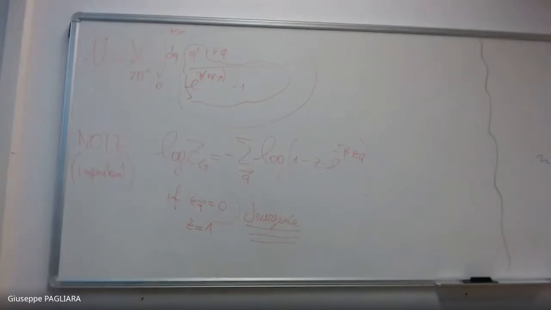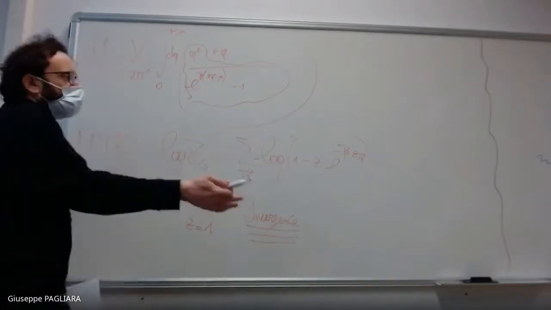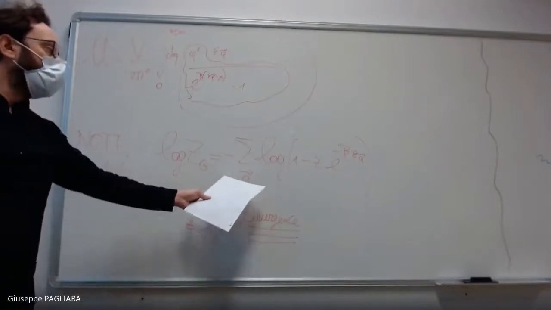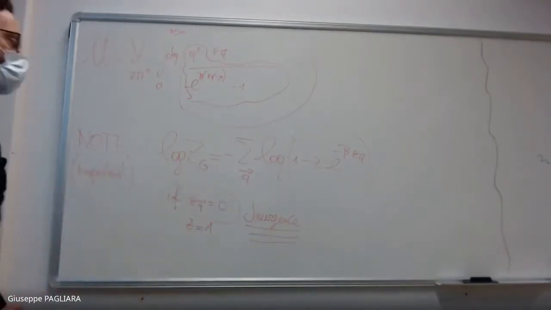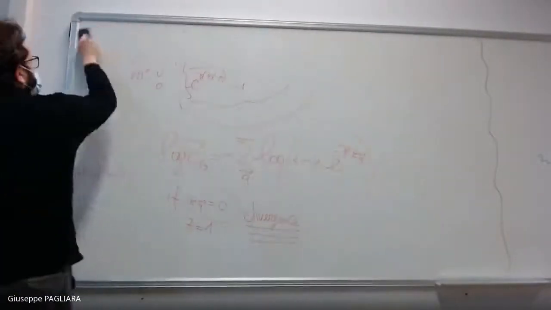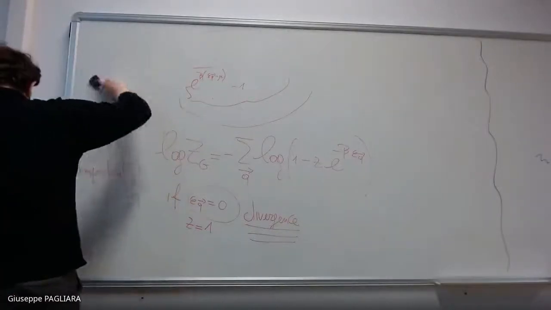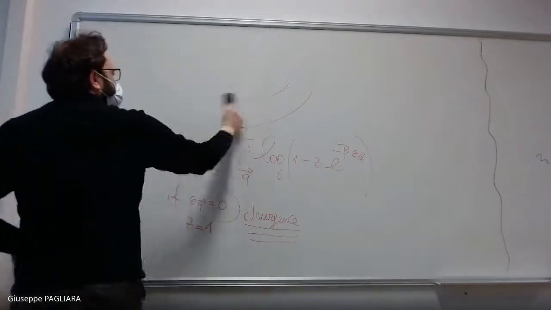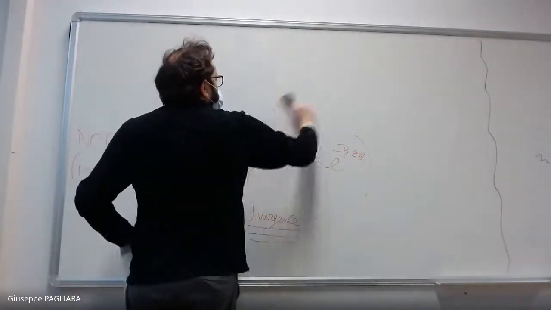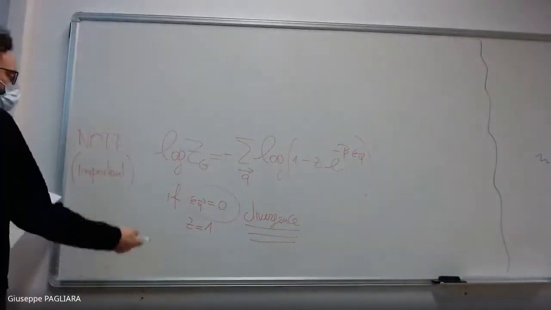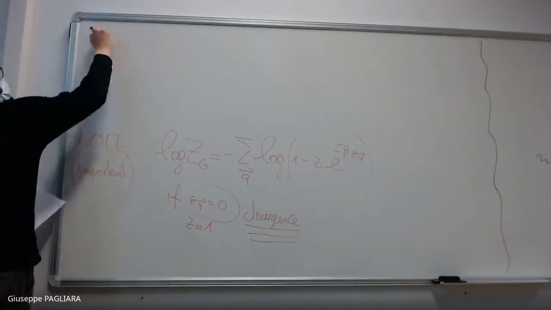So when doing this calculation, when passing from the discrete to the continuum, I have to be careful. And actually, the best way to do it is to separate the contribution that I have here from the epsilon q equal to 0. Okay? So to single out the divergence, let me write it in this fashion.